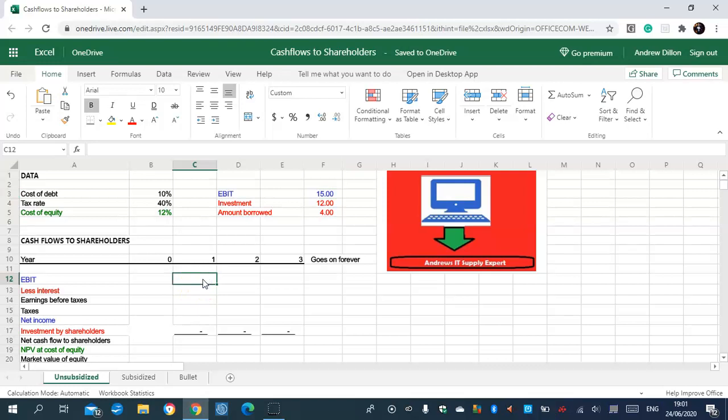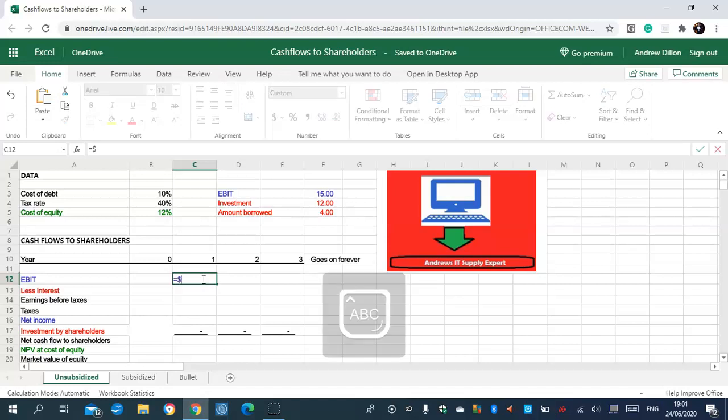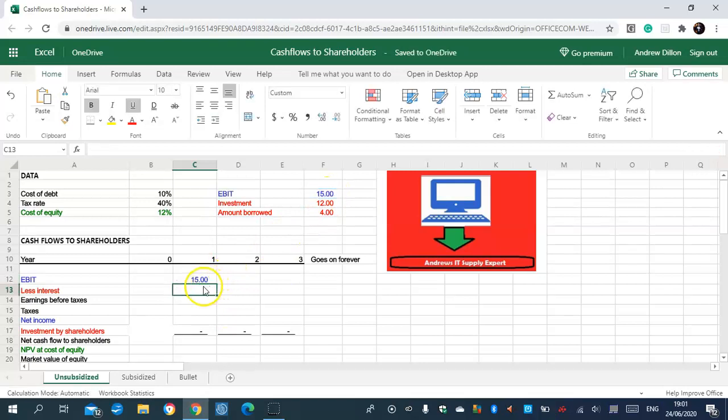Okay, it's just a dollar sign function. So make sure that matches to F3. Okay, now the next step is to calculate the less interest.